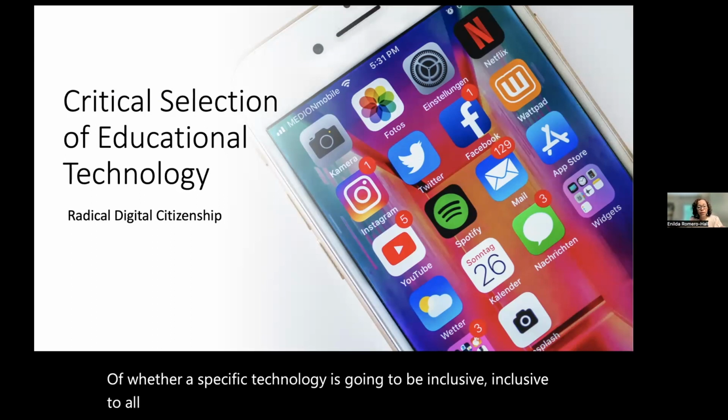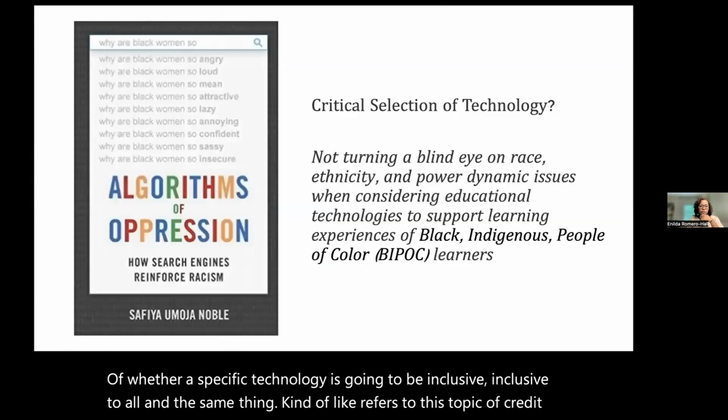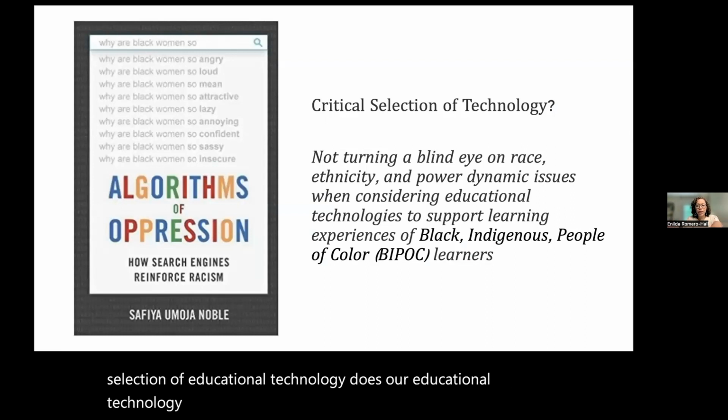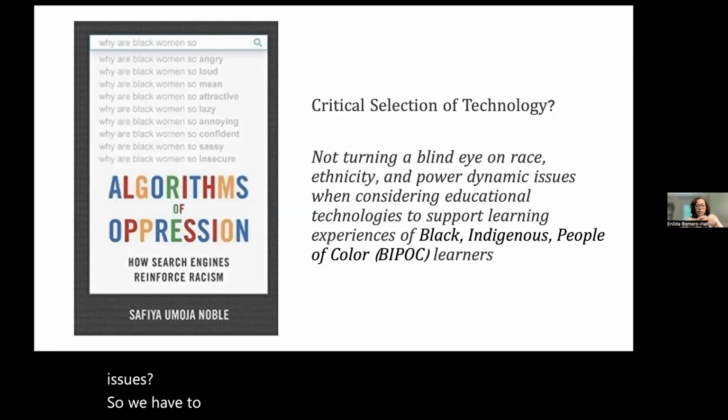And the same thing refers to this topic of critical selection of educational technology. Does our educational technology turn a blind eye on race, ethnicity, power dynamic issues? So we have to be considerate of our Black, Indigenous, and people of color.